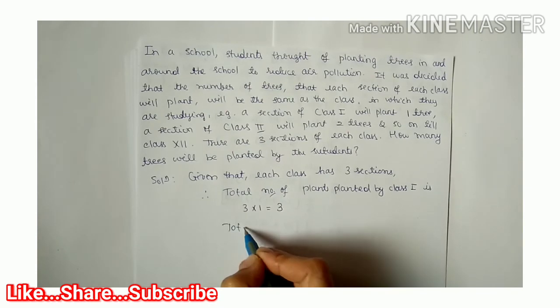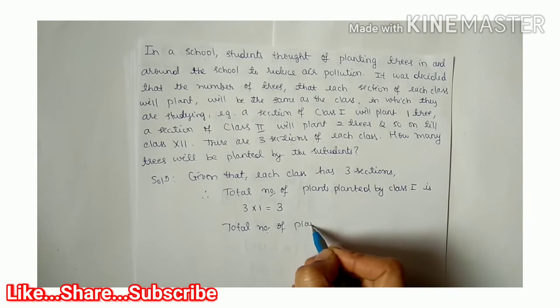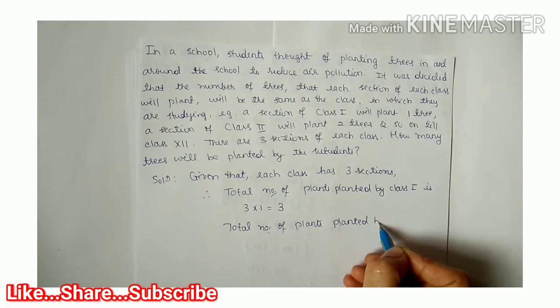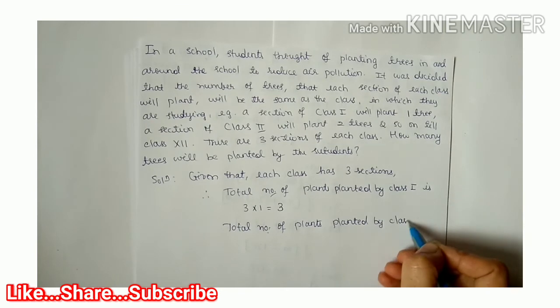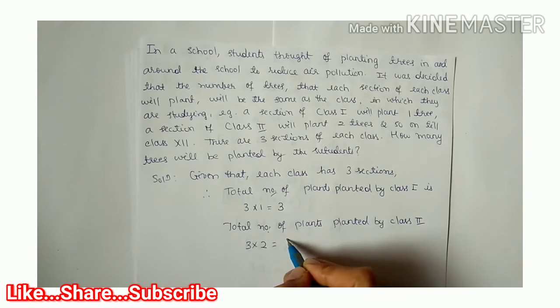Similarly, total number of plants planted by class second, 3 sections, number of plants 2, therefore 6.